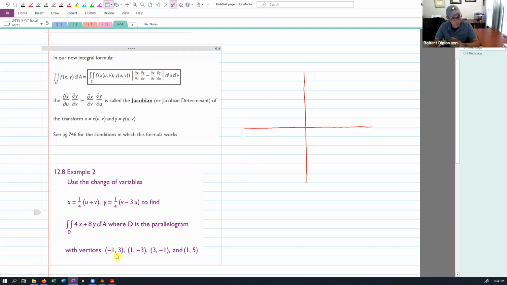So let's plot these points. So if I plot the points, -1, 3, I'm just going to say this is -1, then I'll go up, I'll just say that's 3 up here. So we have this point, we have 1, -3, so 1, down 3, about right here. I'll label these.